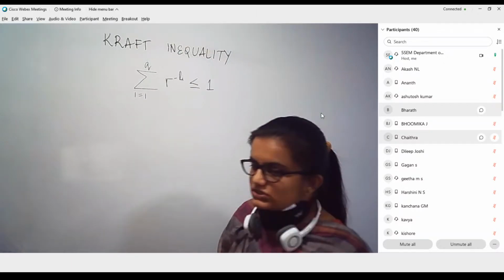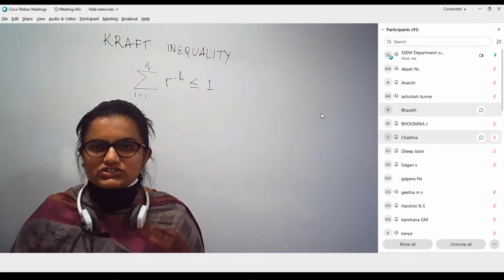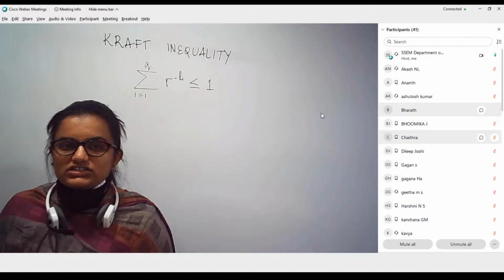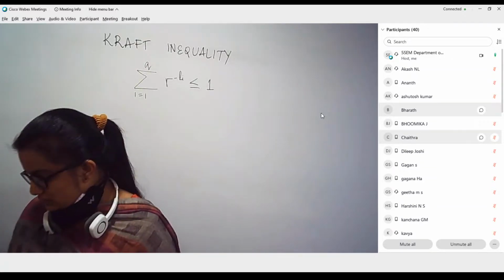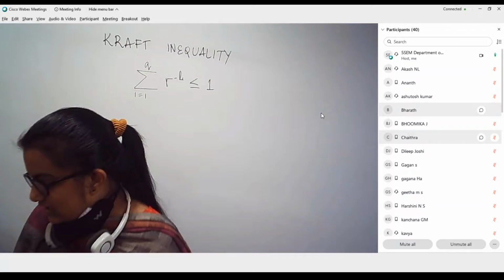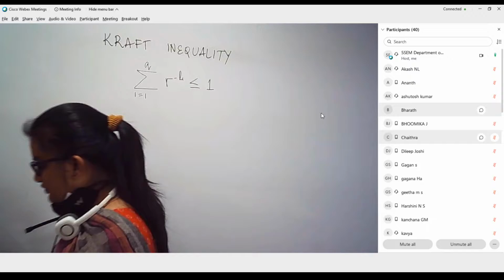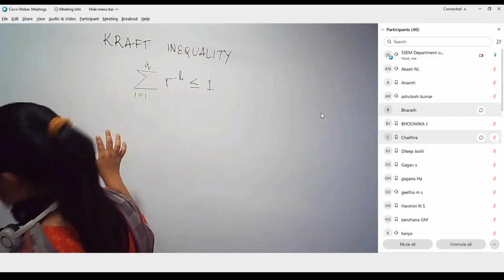So today we are going to look at another aspect of instantaneous code, which is an important characteristic, which will give you another perspective of how instantaneous codes are written. So take down this particular example. Consider the four codes listed as below.